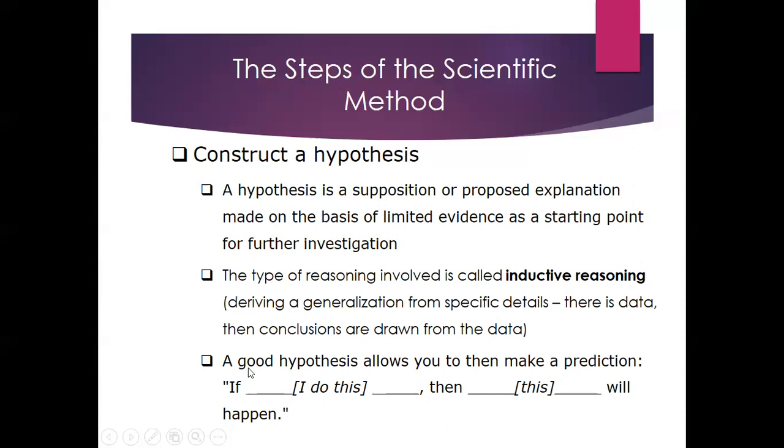What I mean is the if part of the statement would usually reflect a particular condition. So in other words, if I do this or if these conditions exist, then this is what will happen. This is the result. So if these conditions exist, this is what will happen. So this is what I mean by if-then.